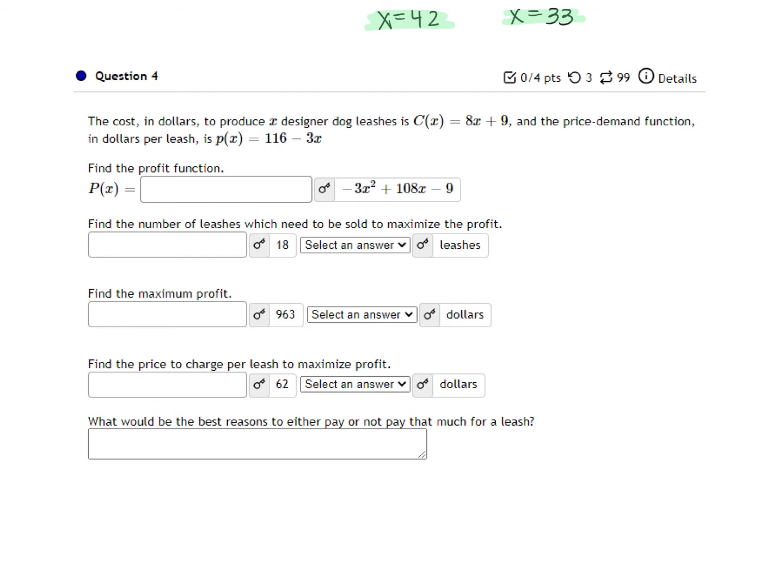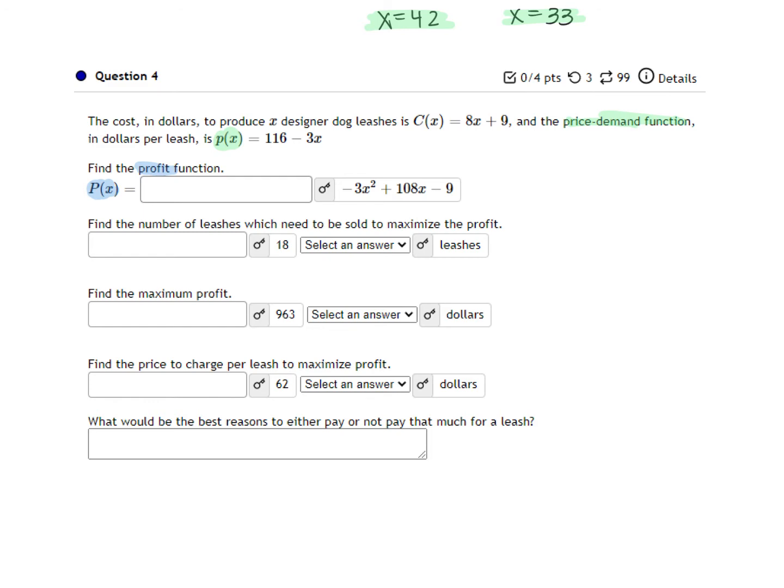So the cost in dollars to produce X designer dog leashes is given by this function C of X. And the price demand function in dollars per leash is P of X. Notice it's little p of X. So the price demand function is little p of X, and the profit function is usually given by a capital P. So again, this little p, lowercase p, is the price demand function, and the profit function is given by a capital P. So we can use the price demand function to find the revenue.